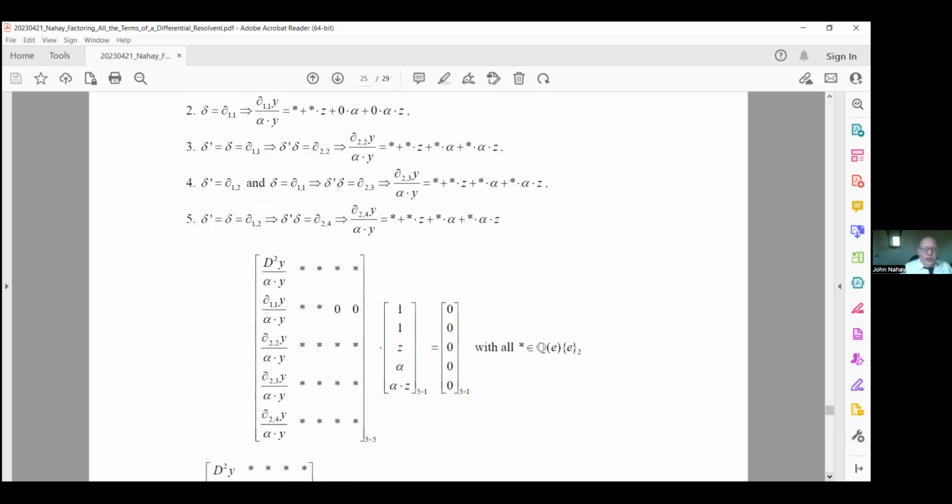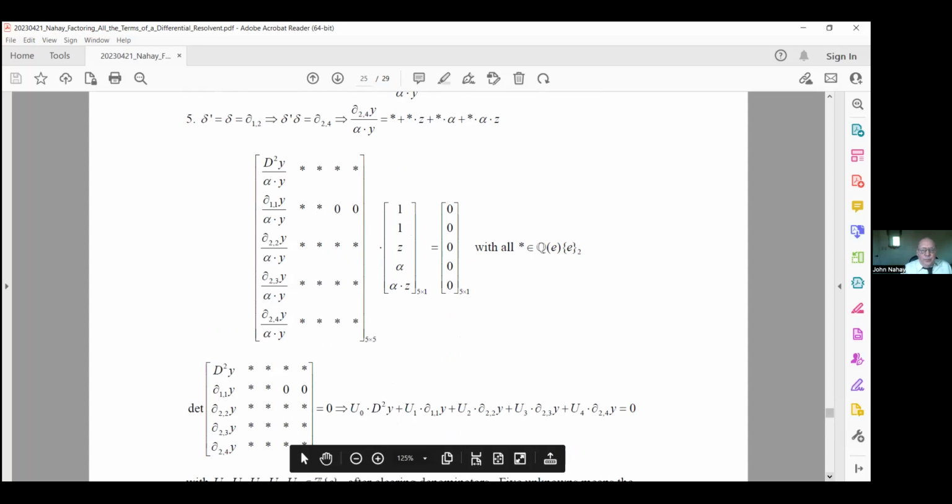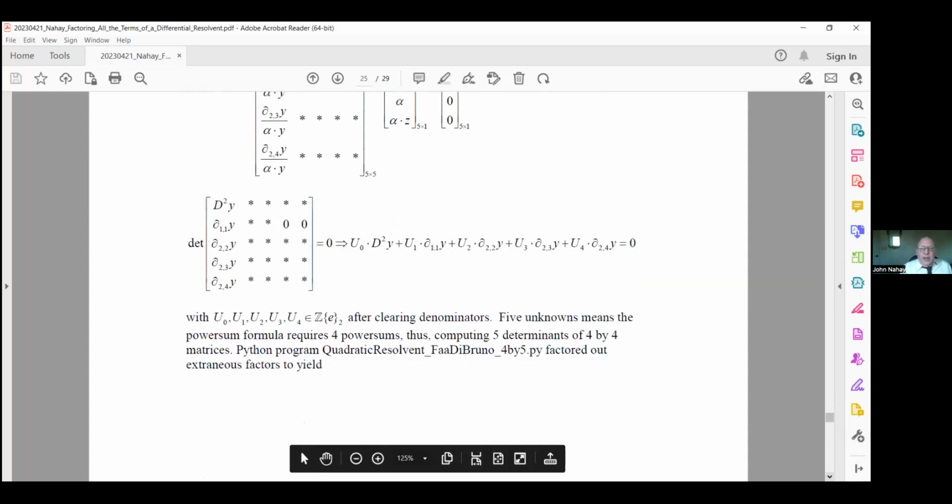You set up the equations. You get 5 by 5 equations in these logarithmic-like derivatives, and you set the determinant to 0, and you have a resolvent like this. It looks like this: total derivation d, partial derivatives 1 1, 2 2, 2 3, 2 4.